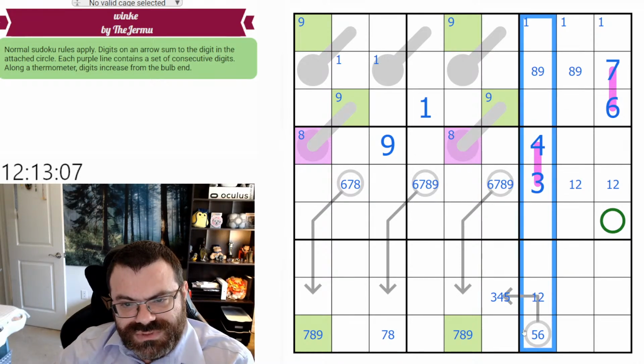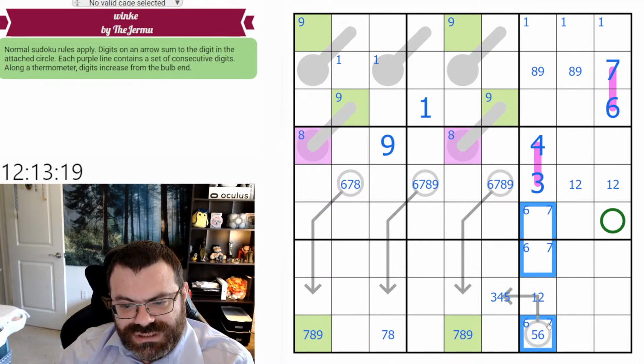So 6 goes in this column somewhere. It's not in this box. It's obviously not here. So 6 is in one of these 3. So I'm just going to mark corners here. 7 needs to go somewhere in the column. 7 goes in one of these 3. And I need a 1 and a 2 in this column, which would go, let's see, the 1s can go here or here.